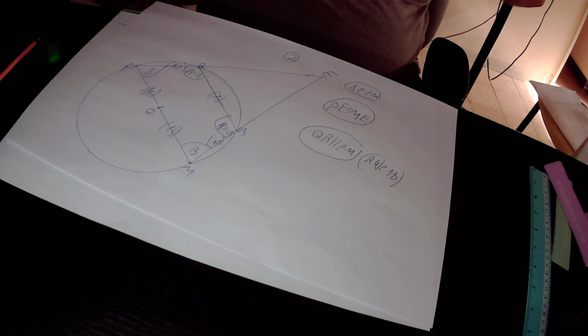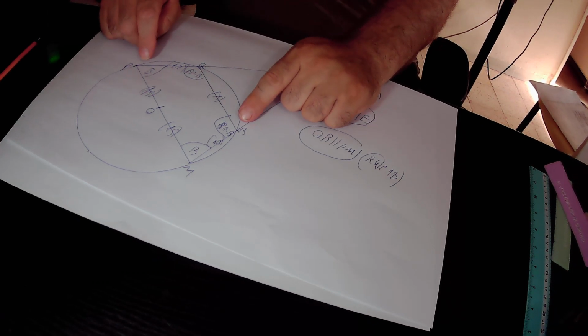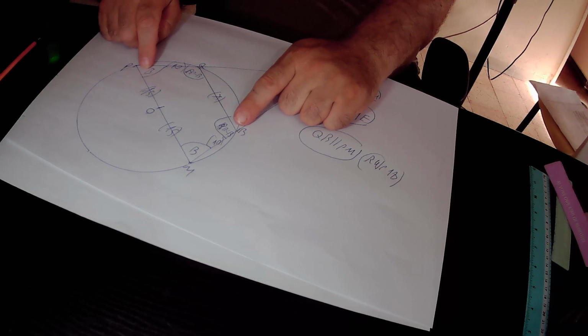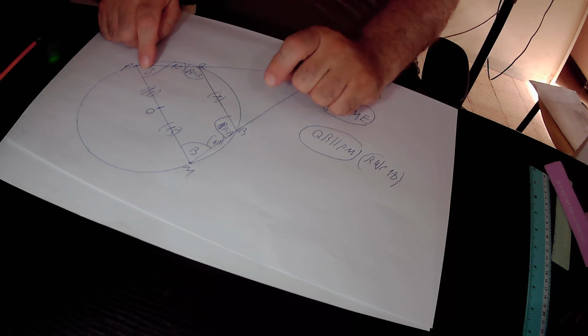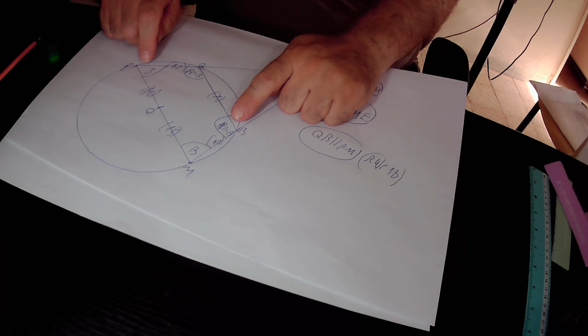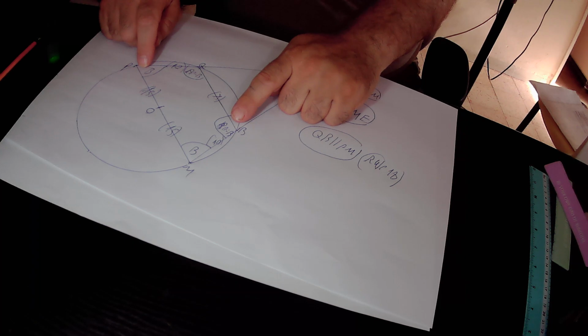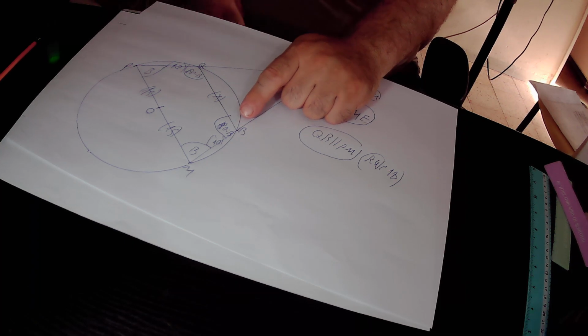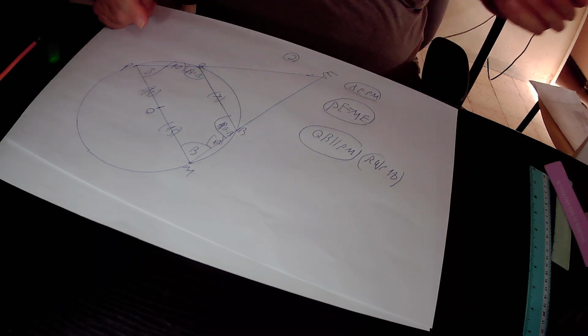Likewise, according to the same rule, the sum of those two opposite angles must be equal to 180 degrees. But this angle is beta, so this missing angle must be equal to 180 degrees minus beta, because 180 degrees minus beta plus beta is 180 degrees.